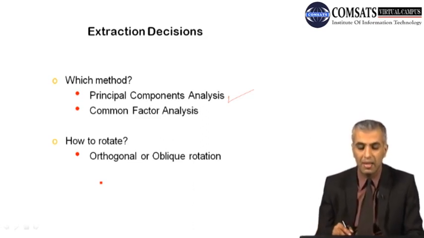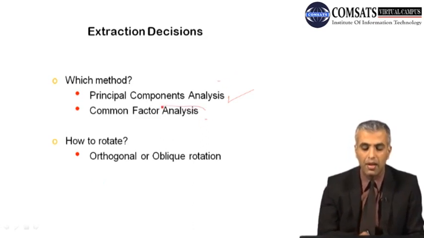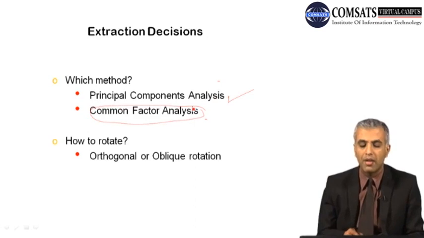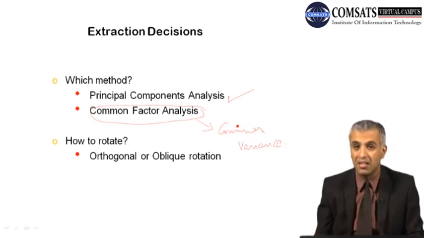But on the other hand, we have the common factor analysis, which is stated here. Now in common factor analysis, basically it uses the common variance only. Common variance is the variance which is shared among all the variables.